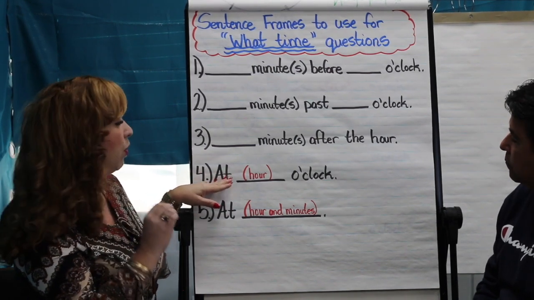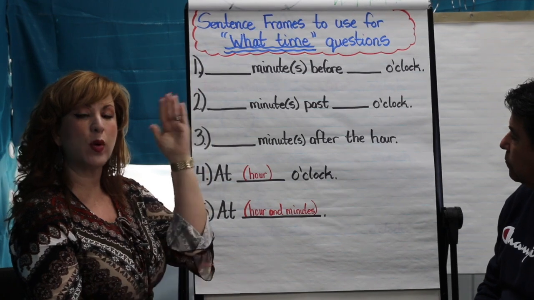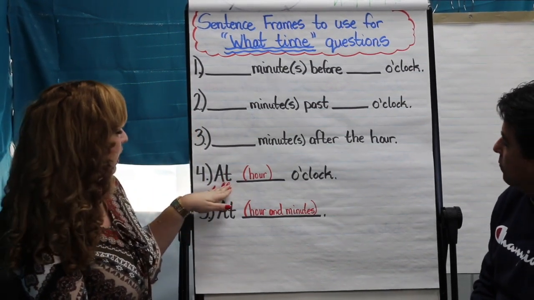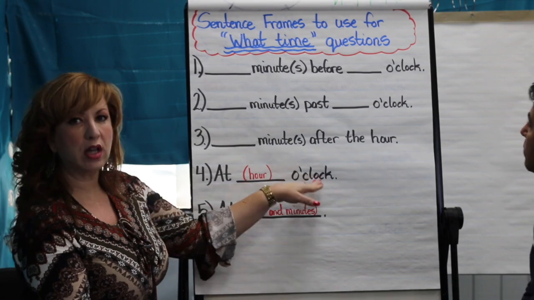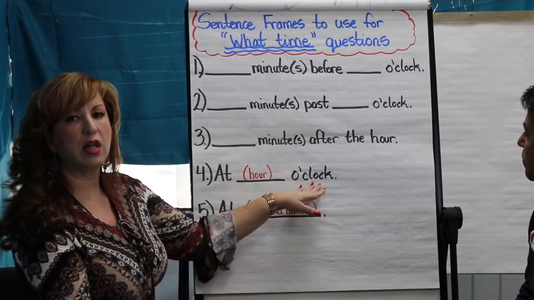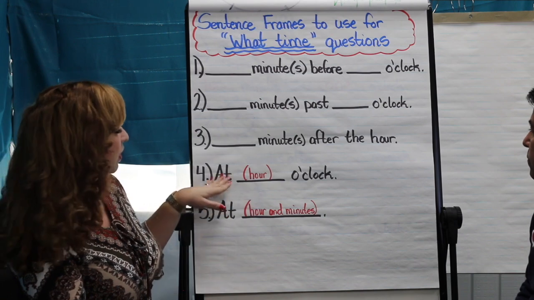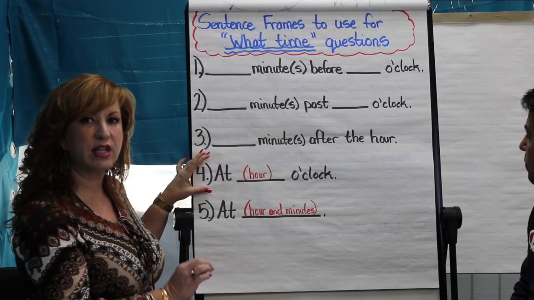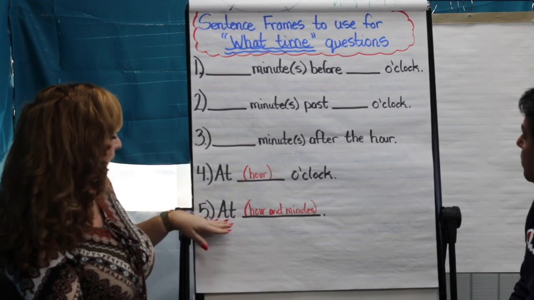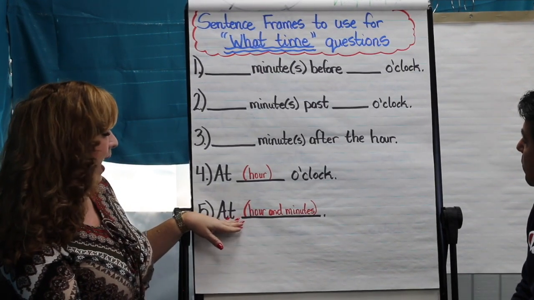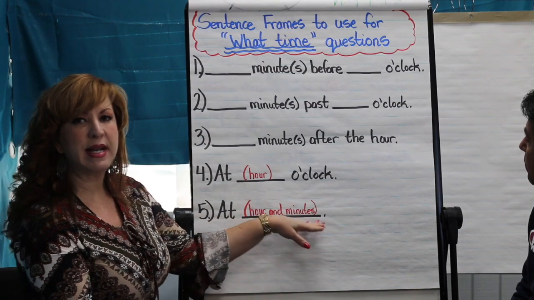Okay? And here, sentence frame 4 is when it's exactly at the hour. When it's at the 0 mark, that means our minute hand is pointing straight up. It's at the 00 mark. Okay? So here it could be at 1 o'clock, 2 o'clock, 3 o'clock, 4 o'clock, and so forth. So this is only when it is right on the dot, when it's a new hour on the dot. And here we use at and then the hour and minutes.